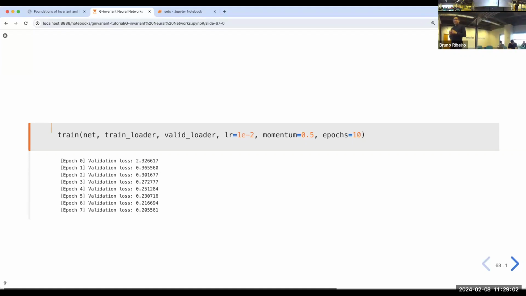Tell us what's going to be the topic of the next part. Right, so the next part will be Lie groups, like how to deal with continuous transformations. And then I'll talk about what we do when we want nonlinear transformations.